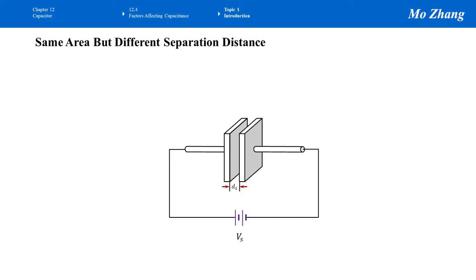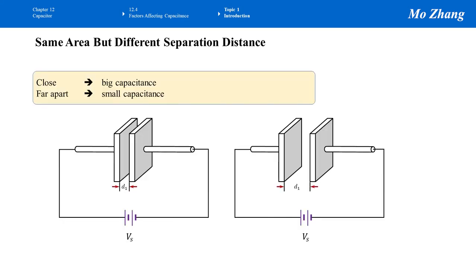That's why this kind of capacitor has higher capacitance. Based on that analysis, the conclusion is when the plates are very close to each other, bigger capacitance. If the plates are far apart, small capacitance.